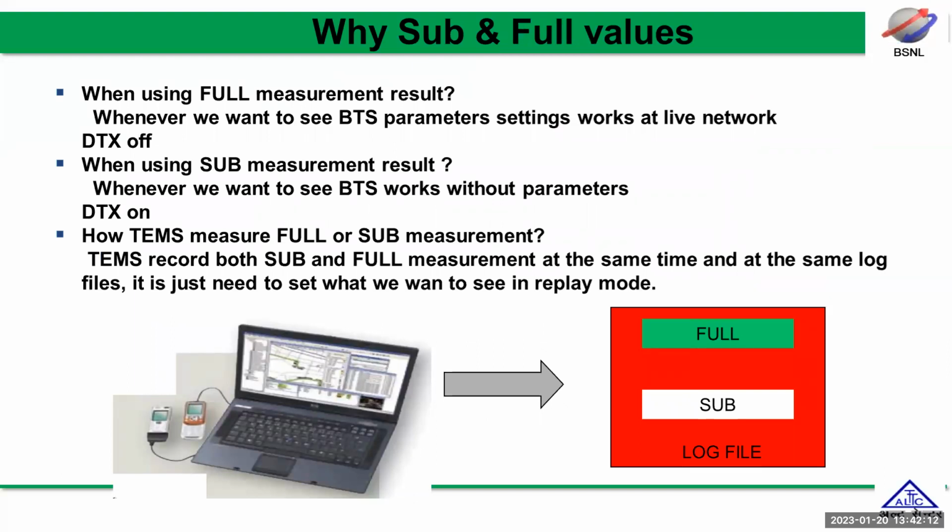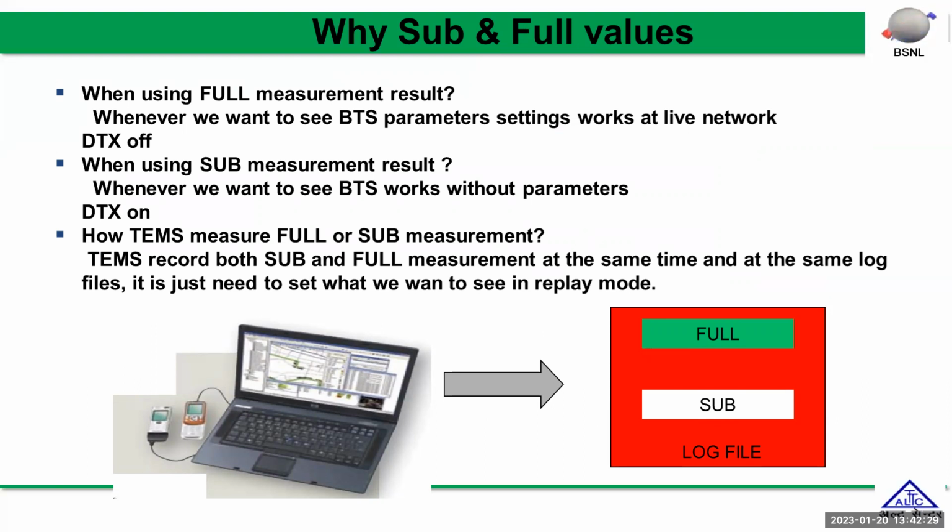There are two values in the window of RX level and RX quality, right? One is the full measurement result and the other is the sub measurement result.